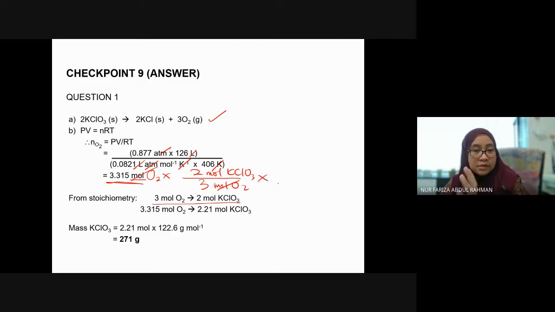Remember the question is asking for mass. So we proceed further. Down here should be mole KClO3. So 1 mole of KClO3, the mass is 122.6. This is the molar mass. So you will get the same answer.